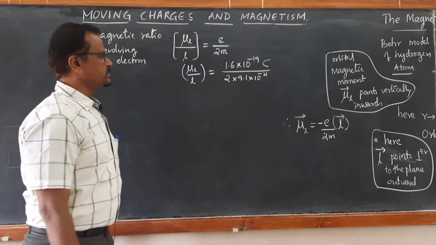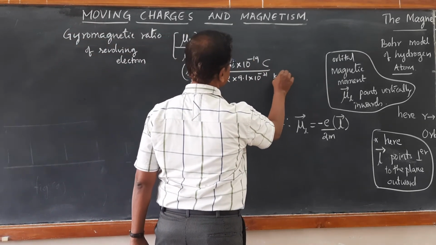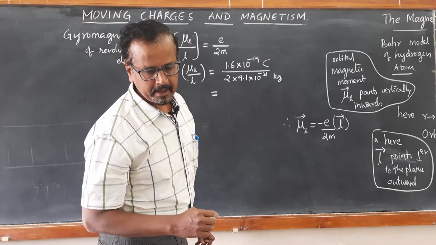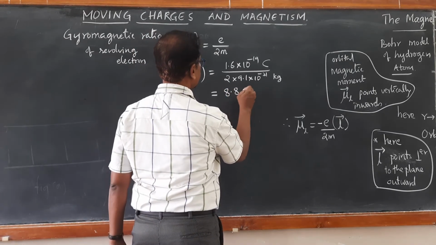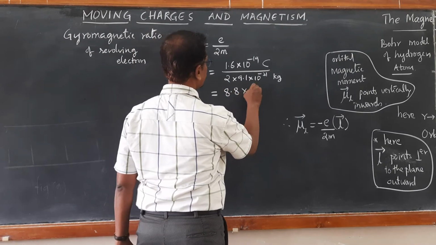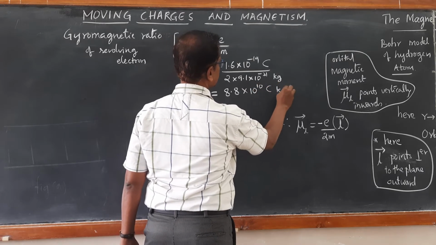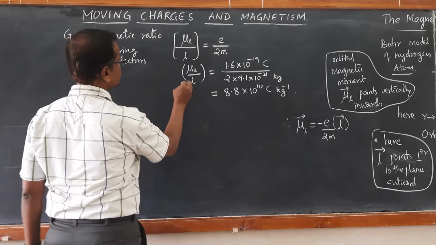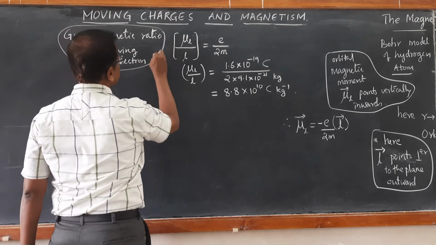If you substitute this, you get a constant value, 8.8 into 10 to the power of 10 coulomb per kg. This is the gyromagnetic ratio of the revolving electron.